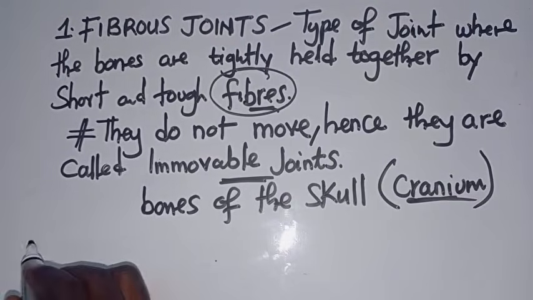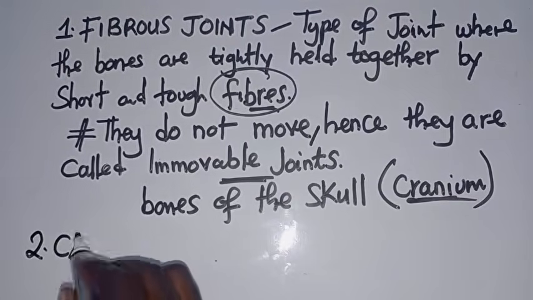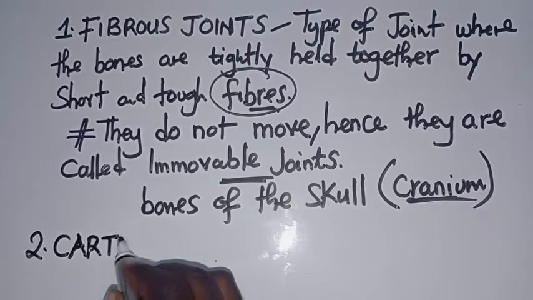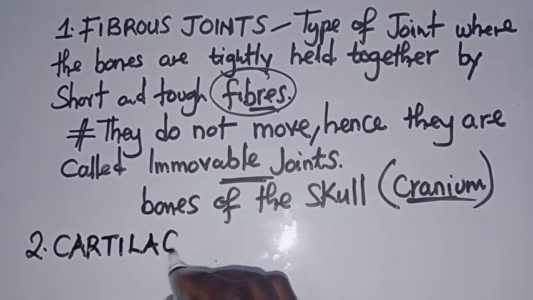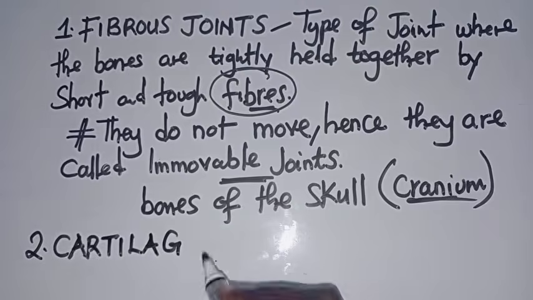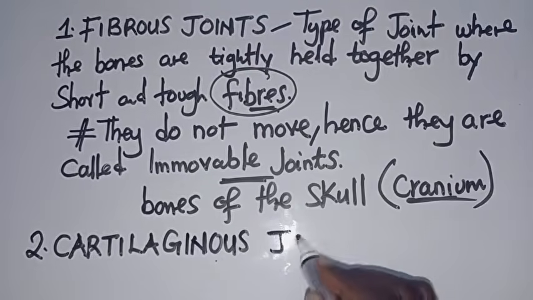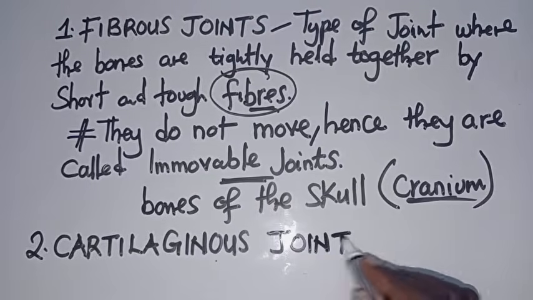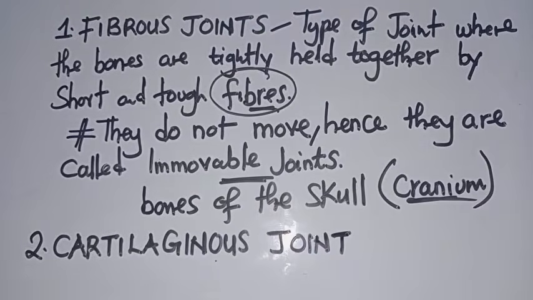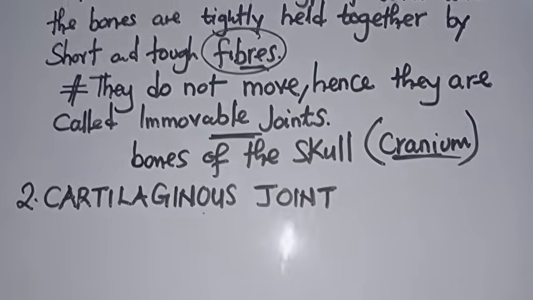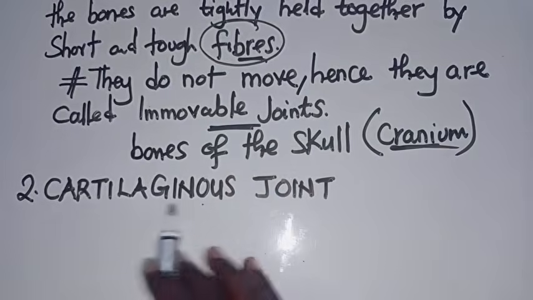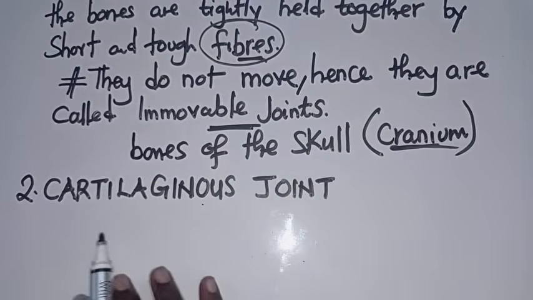Let us now move on and look at what we call cartilaginous joints. What are these? From the word cartilage, these are self-explanatory. They are able to explain themselves. Here I am able to see cartilage.